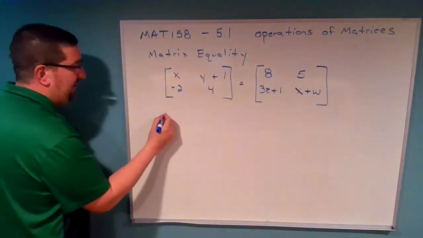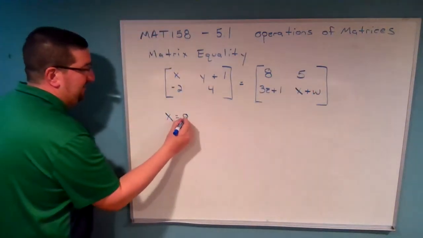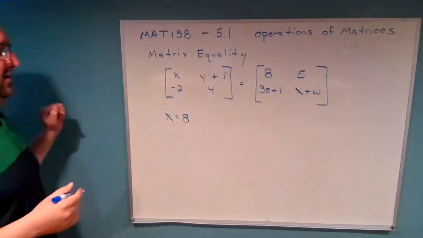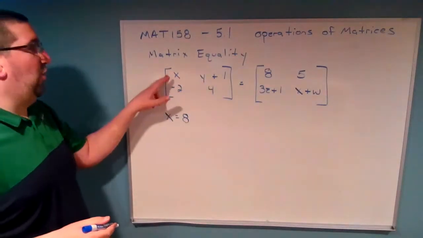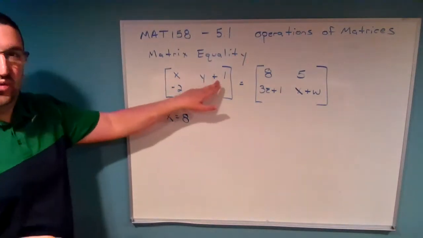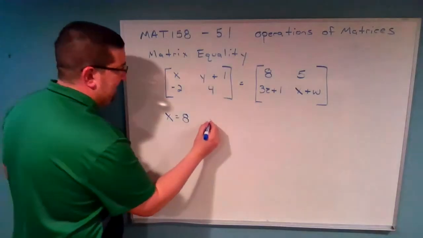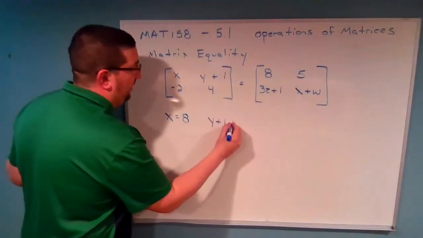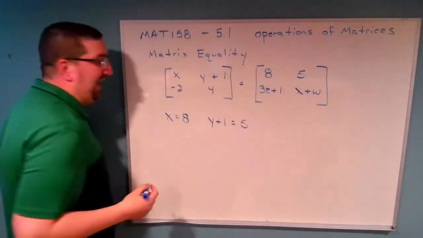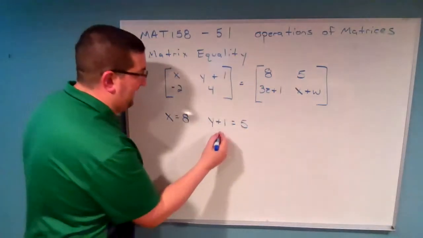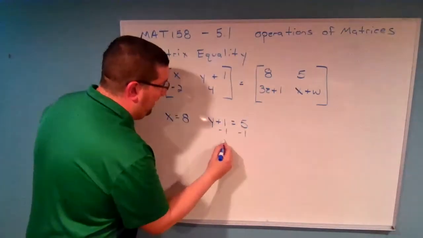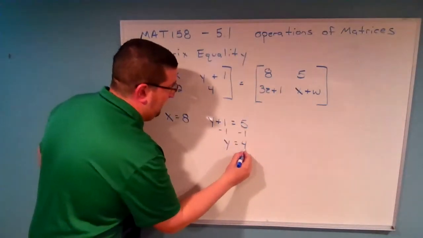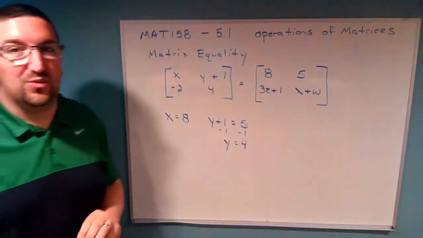So we can say here that x equals 8. We go over to row 1, column 2. We can say that y plus 1 equals 5, and we can solve that by subtracting 1, so y equals 4.